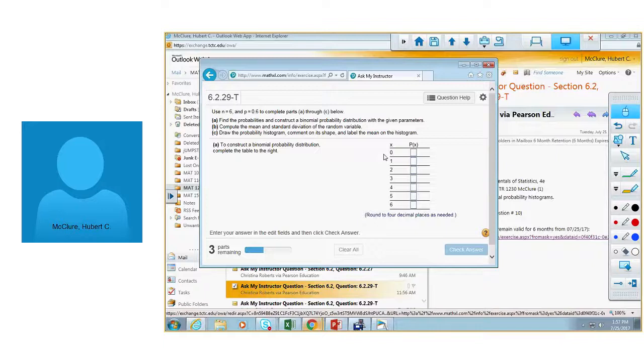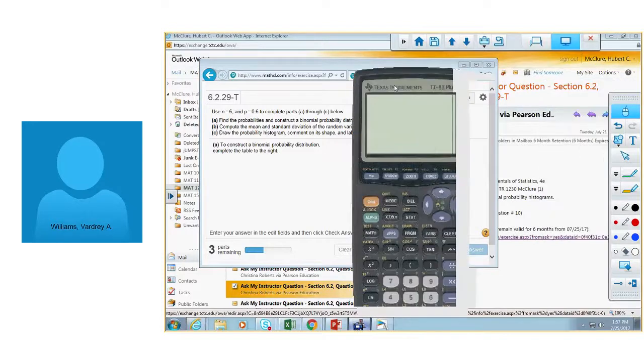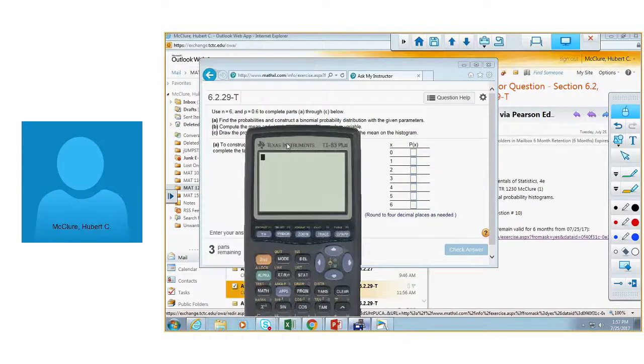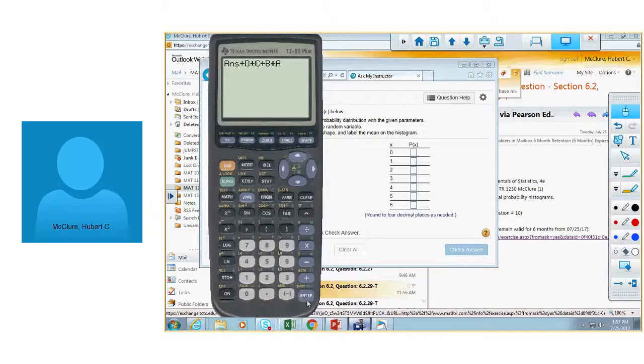So this is just a calculator drill. So here we go. 6 and 0.6. So second entry. 6, 0.6, and 0 and 0.